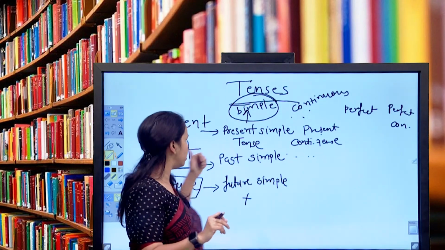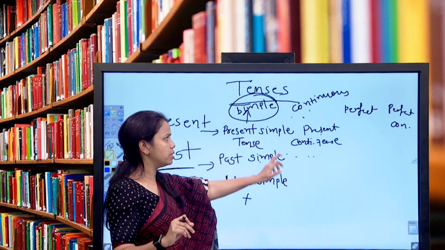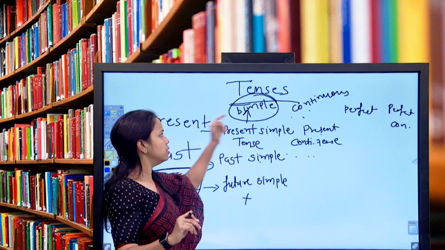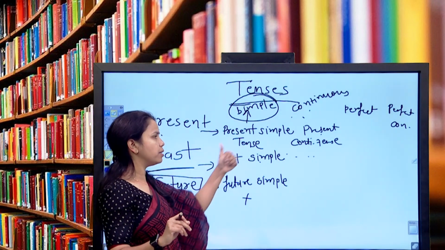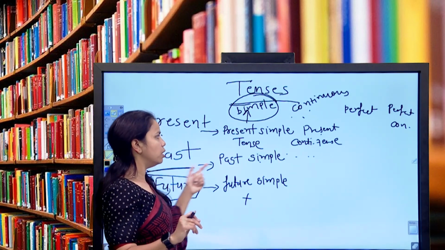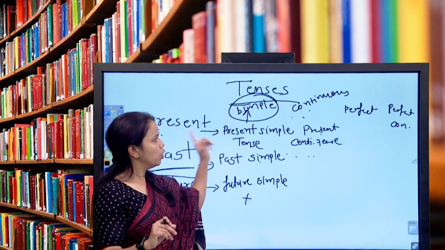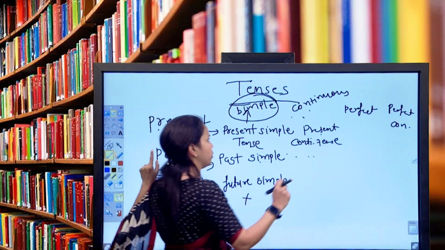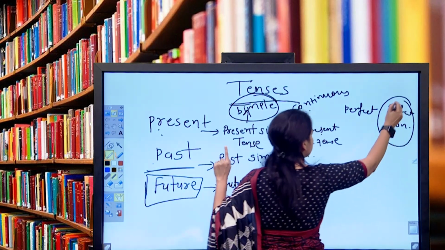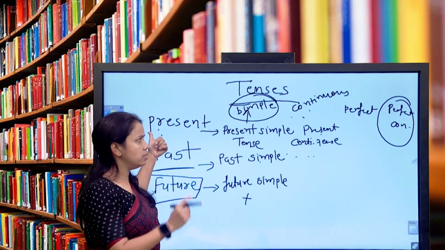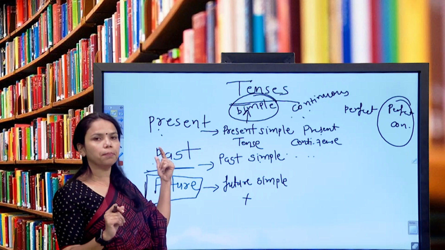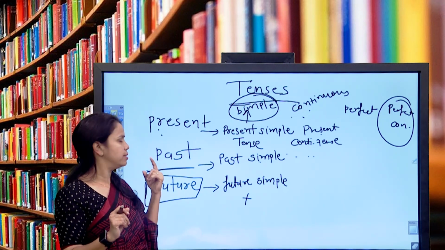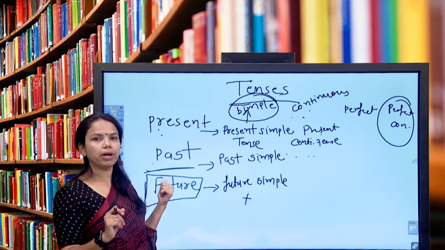Then the future continuous tense, present perfect tense, past perfect tense, future perfect tense. In the same way, for perfect continuous, present perfect continuous tense, past perfect continuous tense, future perfect continuous tense.